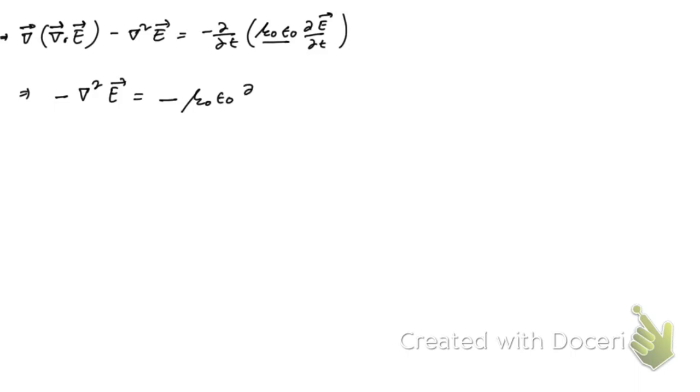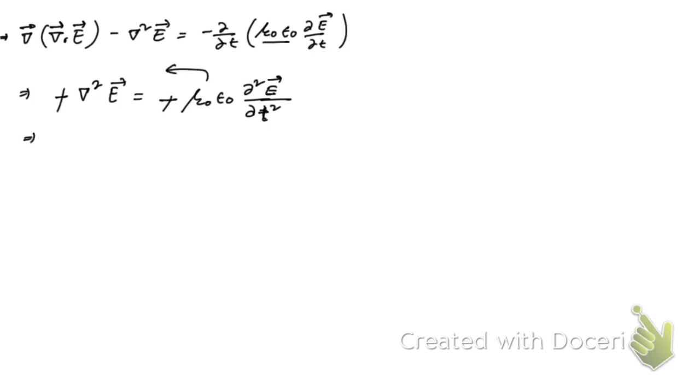So we can write this second order partial derivative of electric field E with respect to T. So let me write it properly, just wait. So this is what we have got. Now you see, so this minus gone.